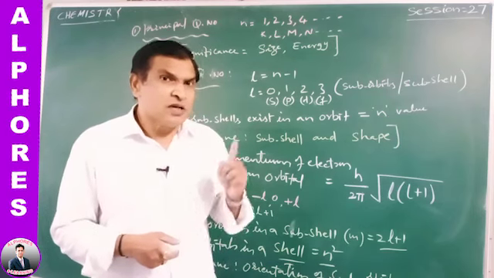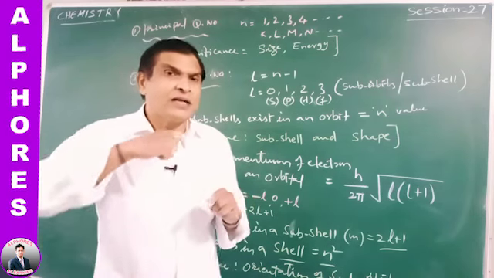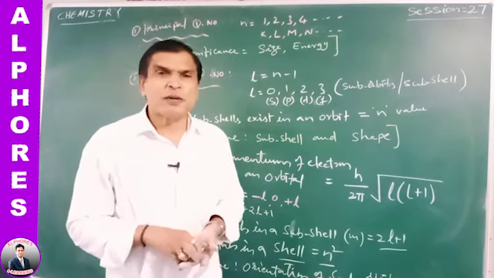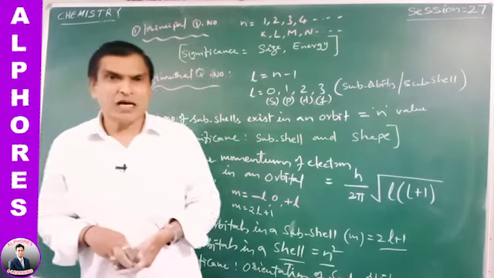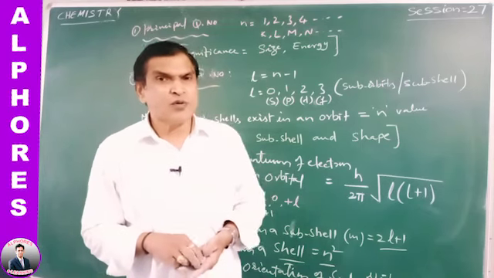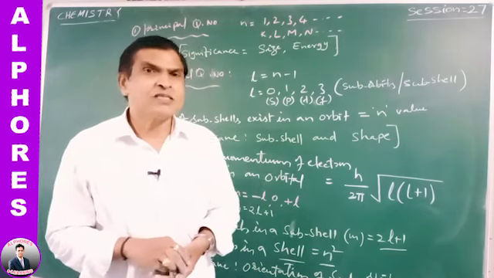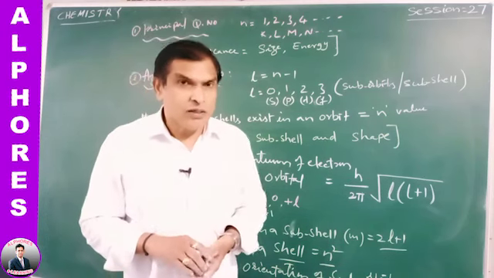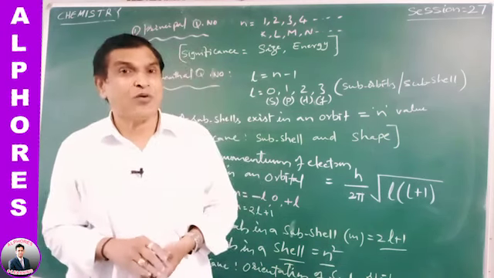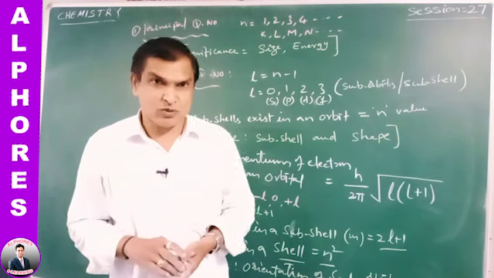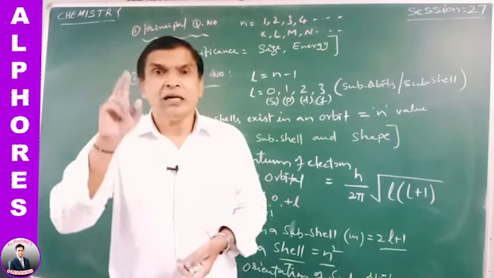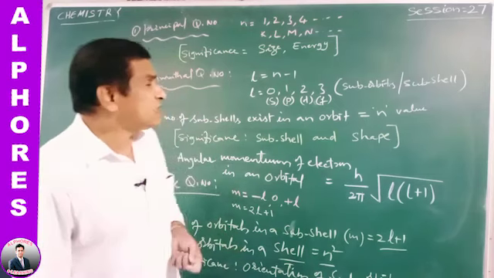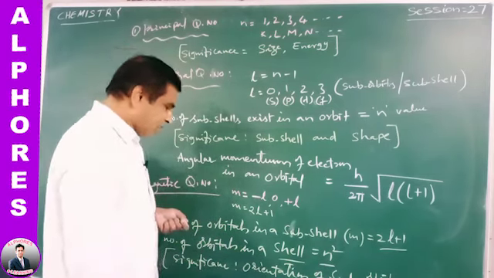A clockwise spin of the electron is given plus 1/2, and anti-clockwise spin is given minus 1/2. For a stable orbital, the two electrons must have opposite spin values. That is about the spin quantum number.